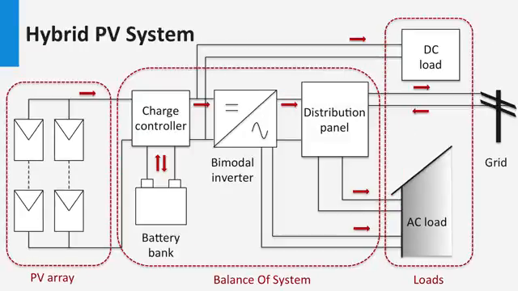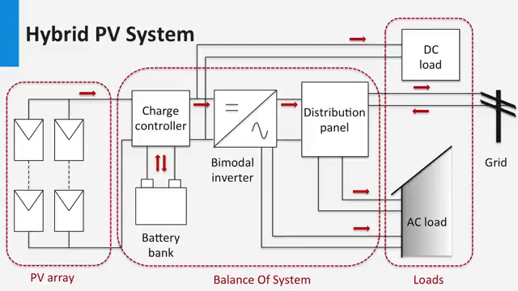Here we see a hybrid system. These configurations are much rarer. The PV system is capable of functioning either as a standalone system with battery storage or in grid-connected mode. The inverter plays a crucial role as it has the necessary hardware implementation to work in either mode based on the operating conditions.